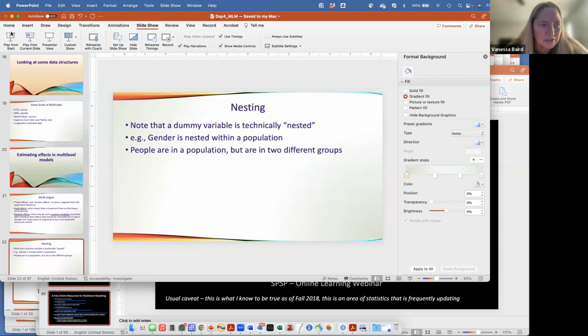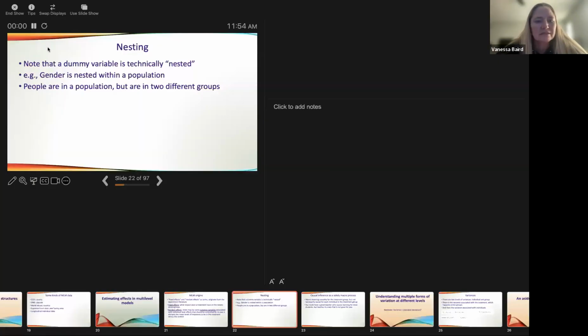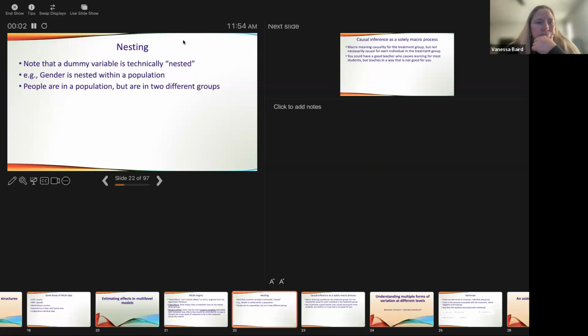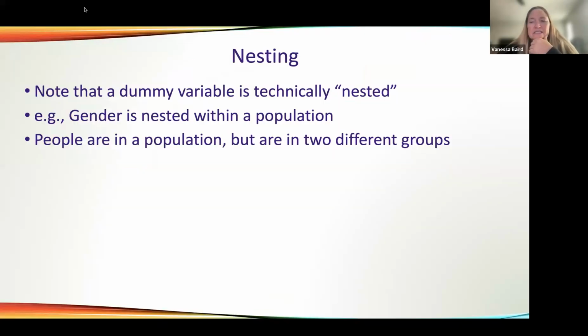There's also multi-level models that are nested versus non-nested. So people are obviously nested within a country. You know, there's no people who were interviewed as a citizen of Sweden and also interviewed as a citizen of Iran.